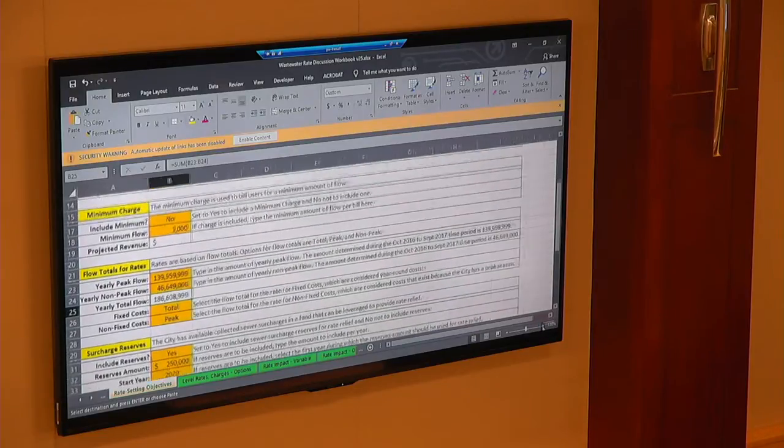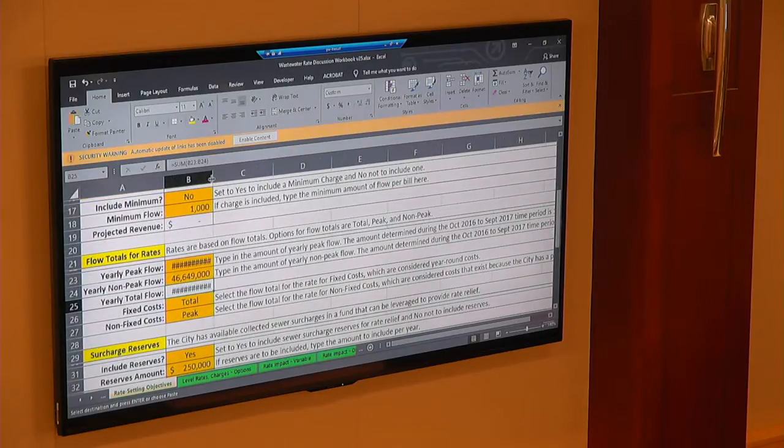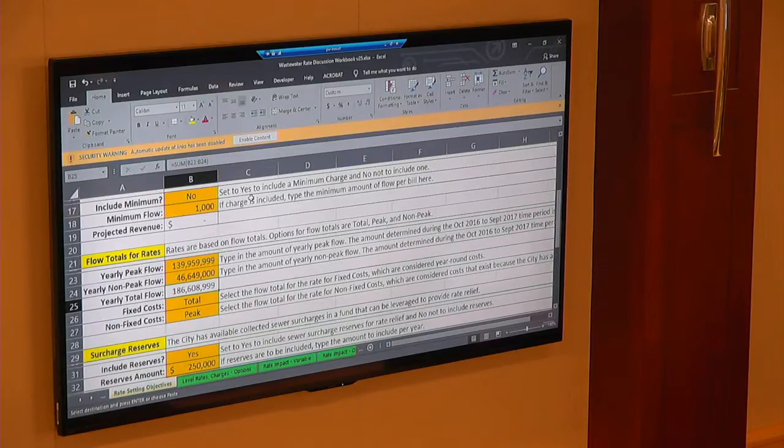Right, but the result of that, though, is it's linearized throughout the entire flow. Well, it ultimately becomes linearized because you have one value per 1,000 gallons. Right. But in coming up with that number, there are 2 components to that number. There's a fixed and a non-fixed. Right.